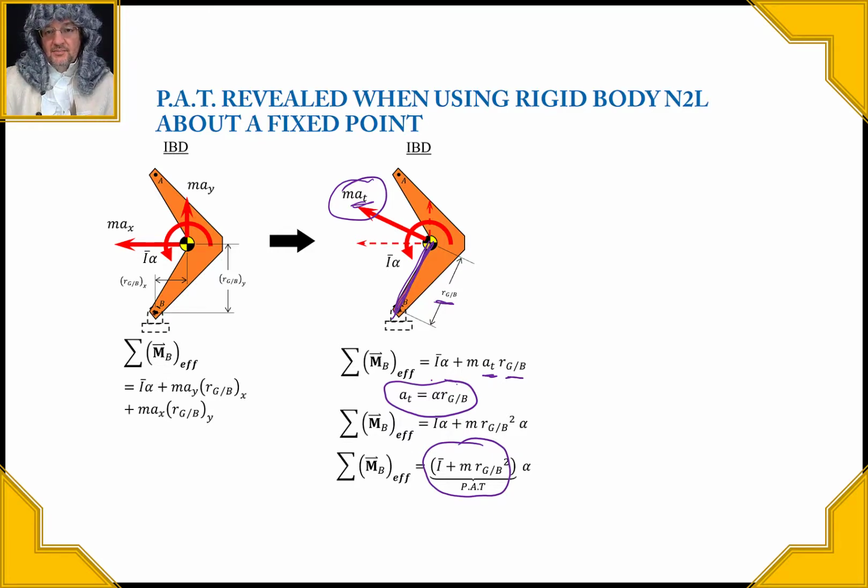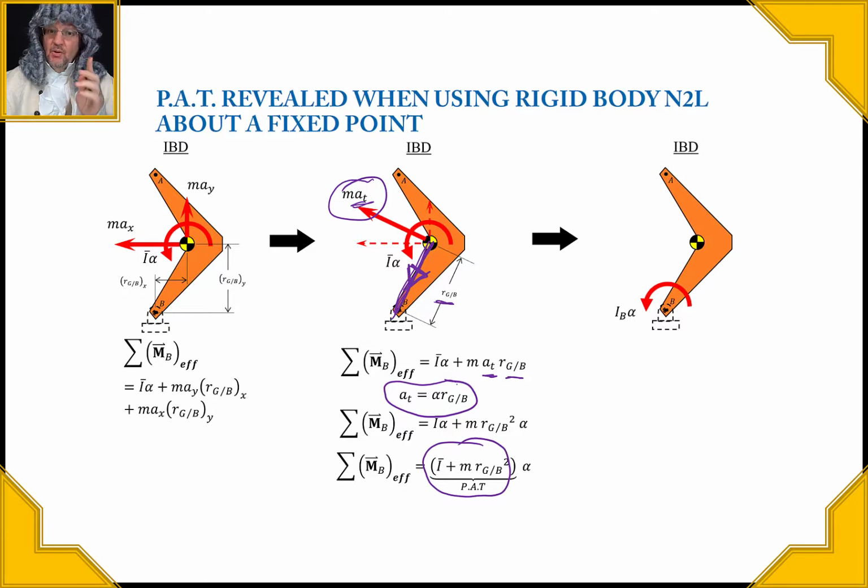And by the way, that's the only one that has a mass. We might also have a normal component right there, but that one doesn't actually move. It doesn't change in the normal direction, right? It's only the tangential one that can move because it's fixed about a point.